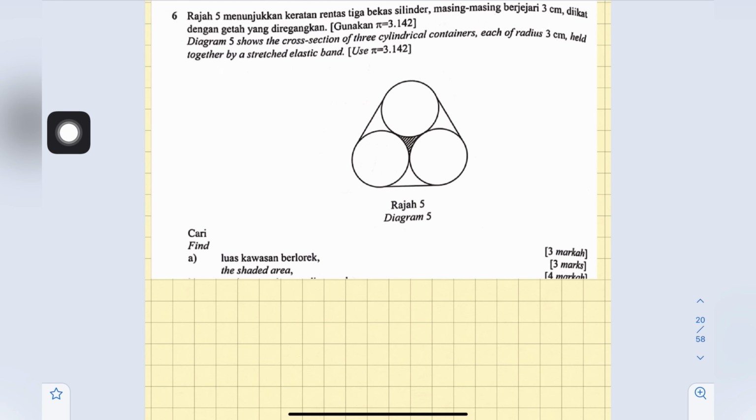The radius here is 3, 3, here also 3, 3, and this one is the same, 3, 3. So it is an equilateral triangle, so each angle is 60, right?